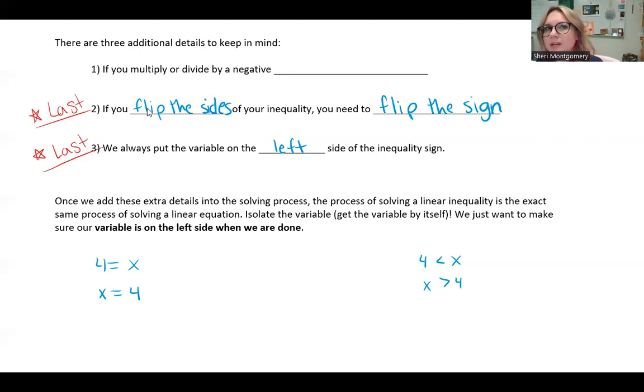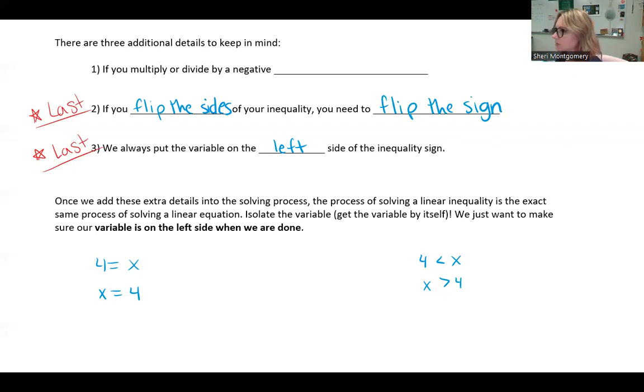So the first bullet point, and I probably should have put these in a different order, says, and this is the one and only way that solving inequalities is different than solving equations. Does anybody remember what happens when you multiply or divide by a negative?